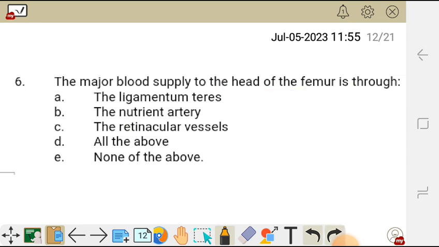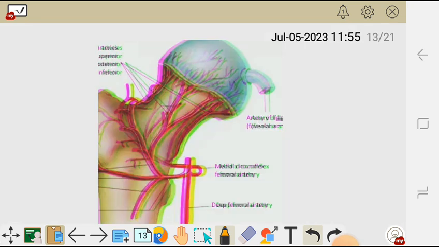The major blood supply to the head of the femur is the retinacular vessels. The retinacular vessels are the vessels supplying the head of the femur. Question 6, the correct answer is C. So in this diagram here, we could see blood supply to the head of the femur, and these branches here are called the retinacular vessels.